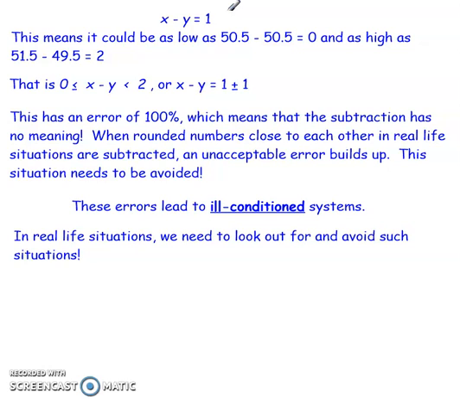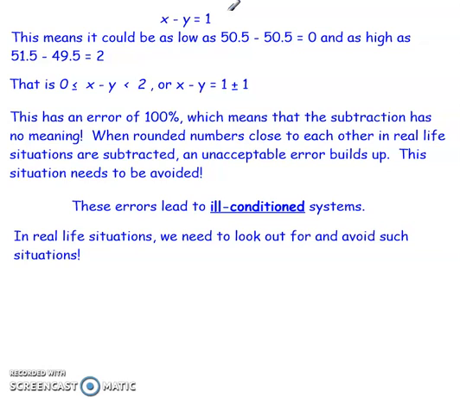What this means is that it could be as low as 50.5 take away 50.5, because we're using the rounded values, which is 0, and as high as 51.5 take away 49.5, which is 2. So it falls in that gap. Now that means 0 is less than or equal to x minus y, which is less than 2.